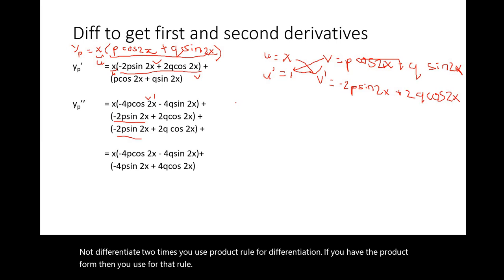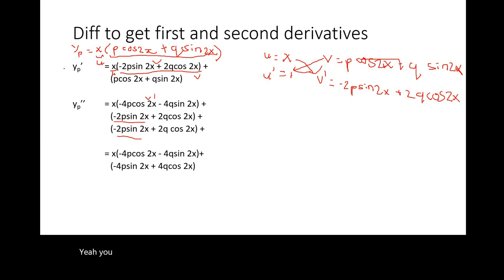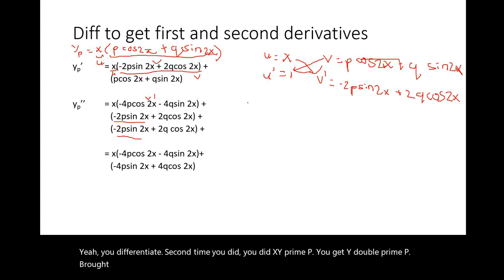For the double prime, you take the values from the first prime, then differentiate a second time. You differentiate d/dx of yp prime, you get yp double prime. Product rule, when you differentiate and you have the product form.